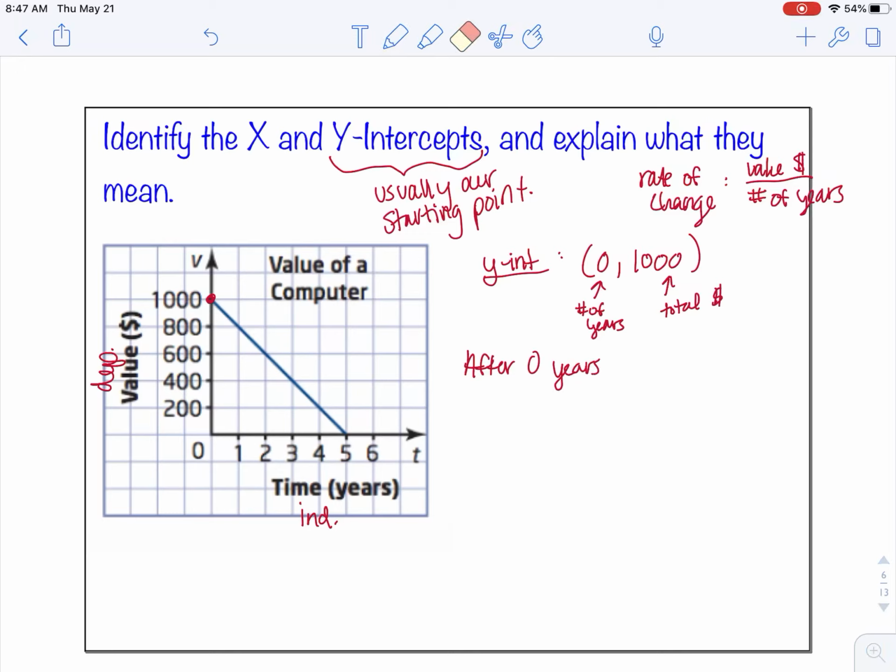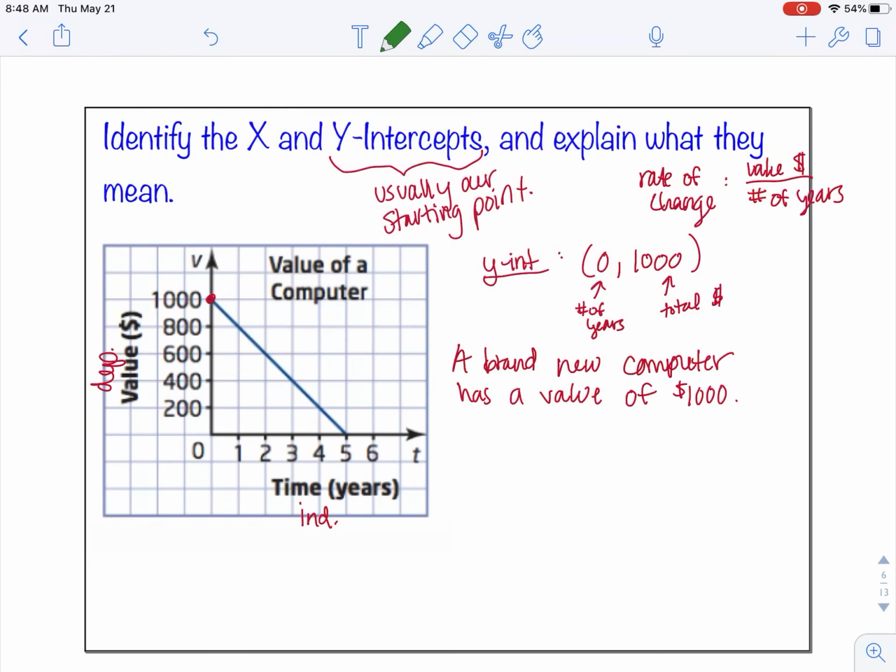After 0 years, a brand new computer values, or has a value, let's say that. Has a value of $1,000. Okay, so someone buys a computer for $1,000. That's their starting point.